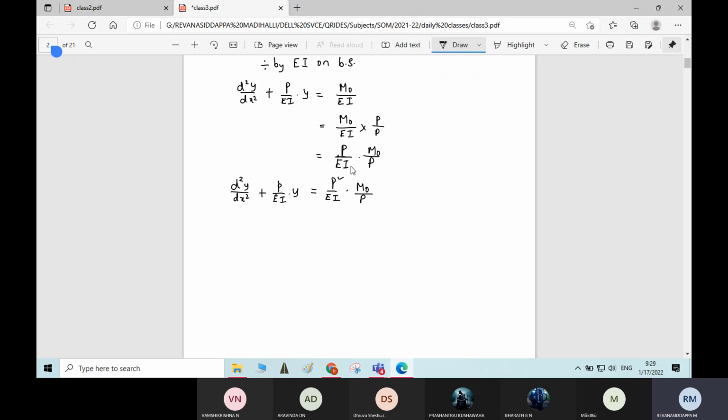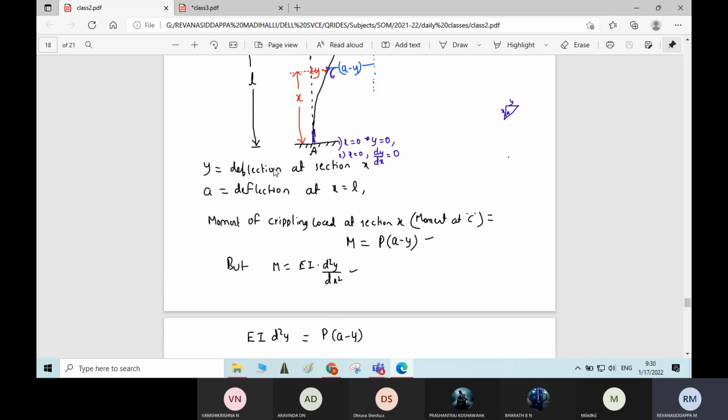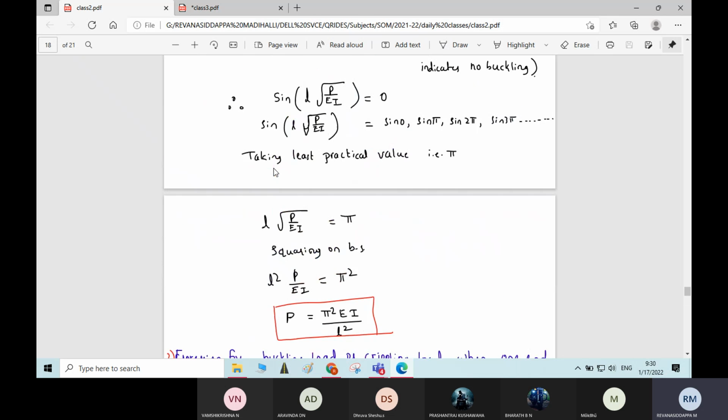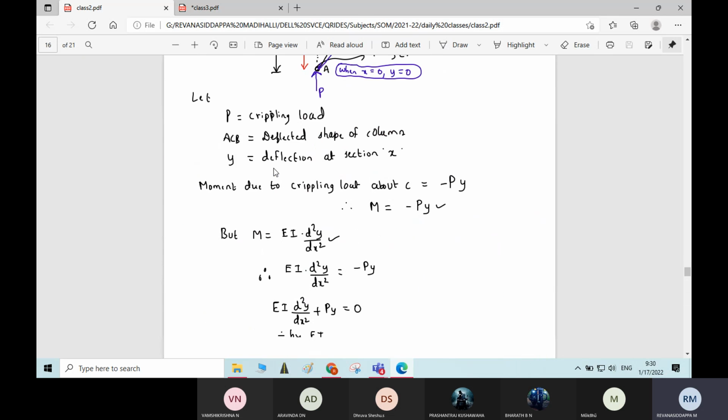Students, the reason behind multiplying and dividing by P on the RHS is that we want a constant at the RHS, that is P/EI. To get P/EI, you should multiply by P, and to balance that we need to divide by P. If you refer to the previous two derivations, we have P/EI in the RHS.